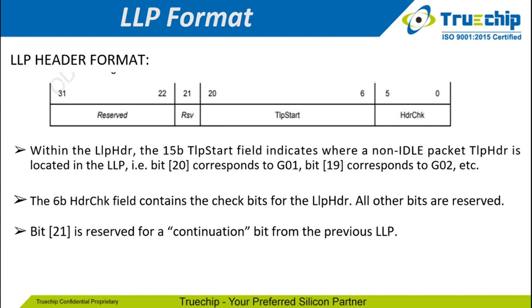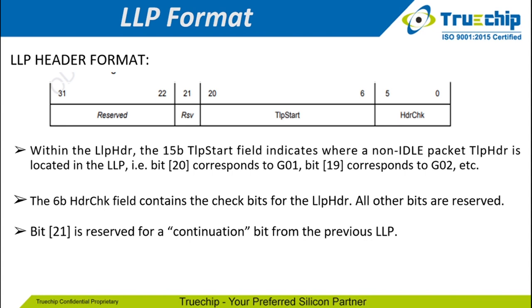This is the LLP header format, where we have a 32-bit LLP header in which the first 6 bits are header check. After that, bits 6 to 20 are TLP start, and the rest, bits 21 to 31, are reserved. Within the LLP header, the 15-bit TLP start field indicates where a non-idle packet TLP header is located in the LLP.